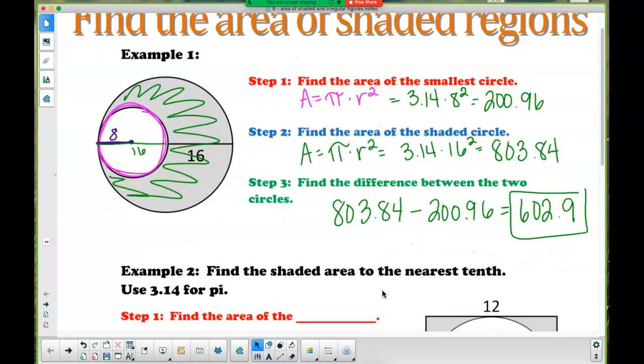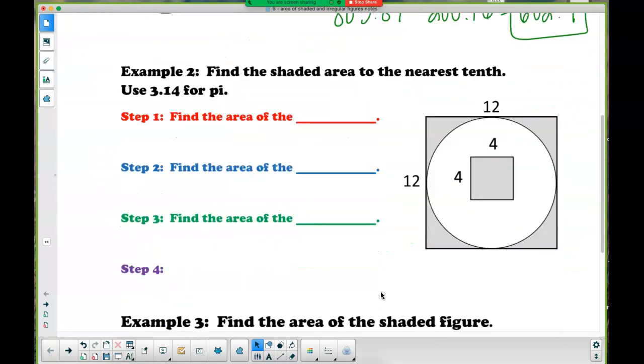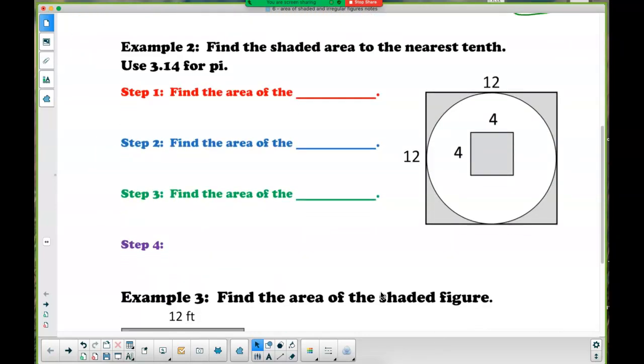Okay, let's look at the next one. Okay, the next one looks like this. What shapes do we see here? You guys agree with her? Yes. You see a square? Do you see a circle and a square?